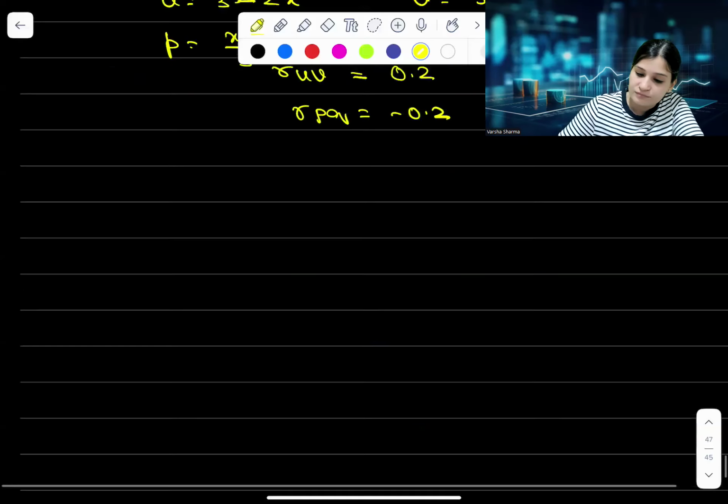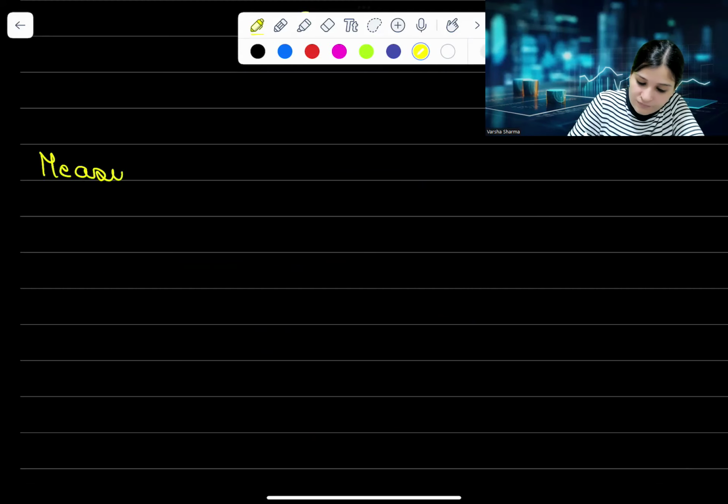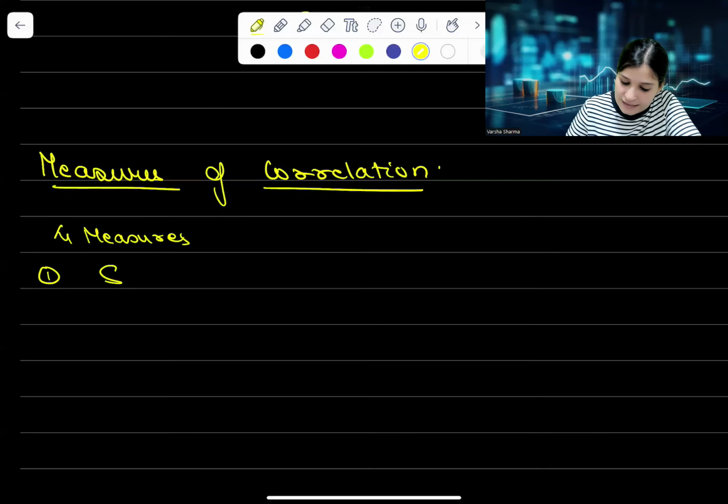Now, we'll study how to calculate measures of correlation. There are 4 measures. First, scatter diagram.